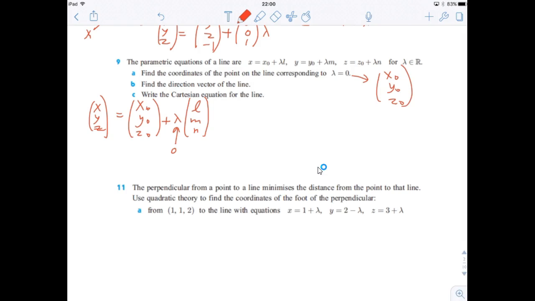And then the direction vector of the line would be this vector here, which is L, M, N. And to write the Cartesian equation of the line, what you can do is first separate out the parameters and solve for lambda. So that would be x minus x naught divided by L is one of the lambdas. Another one would be y minus y naught. When you have a little zero like that, you say x naught, y naught.